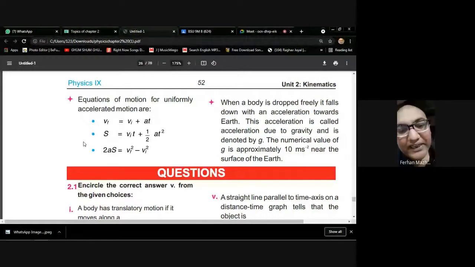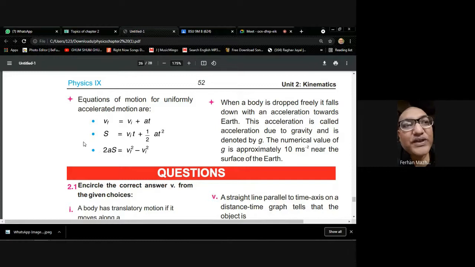Another important thing is that in some cases, we will come across problems in which the velocity will be constant. When the velocity is constant, it's not changing, there is no acceleration, then you can use the very simple formula: distance is equals to speed multiply time.